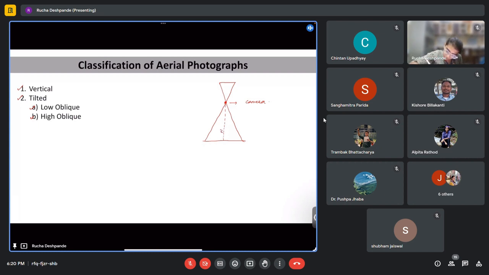The line joining the nadir point and the camera is called the plumb line, and the point which is vertically below the camera is called nadir.